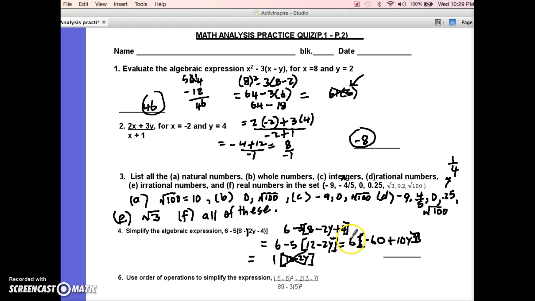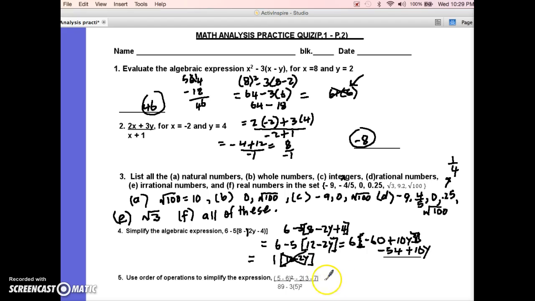So now I can do 6 take away 60. That would be a -54 and plus 10y. All right, so that takes care of that one.